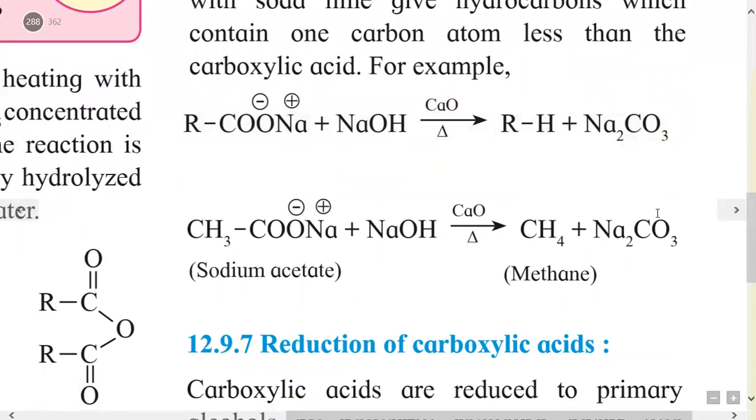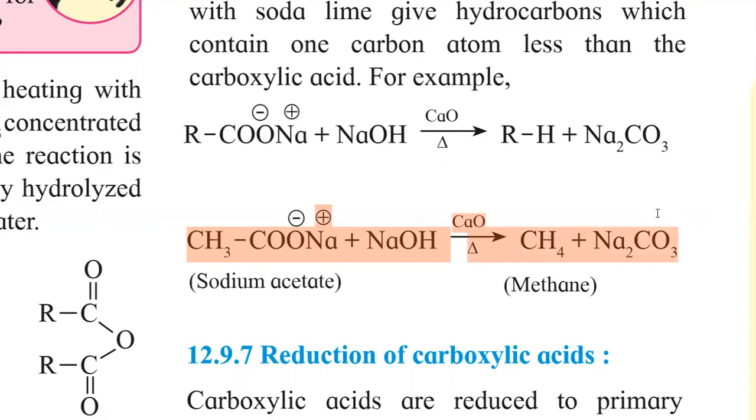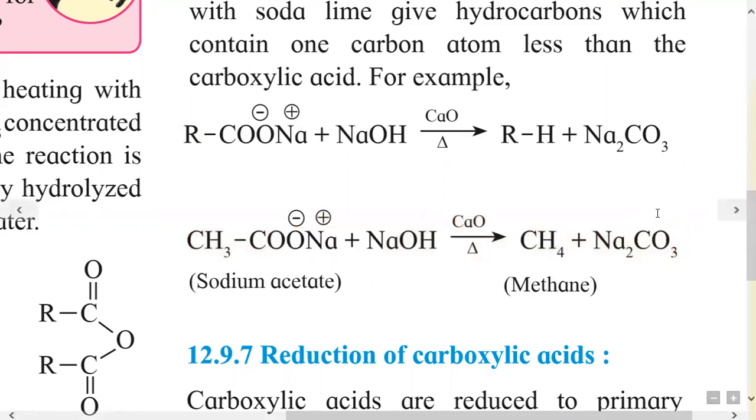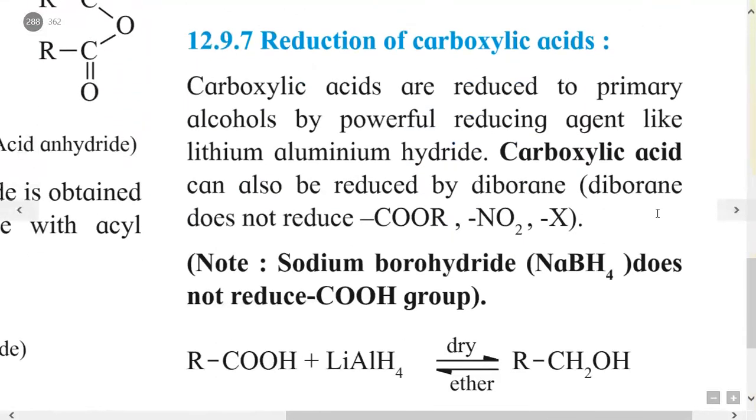A particular example: if we take the R group as a CH3 group, then CH3COONa is sodium acetate. When heated with NaOH and CaO, the soda lime mixture, it gives methane plus sodium carbonate. So that is the decarboxylation reaction.